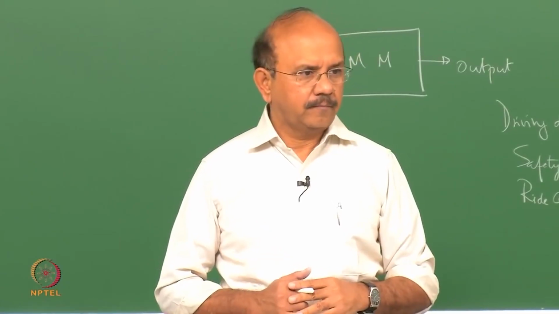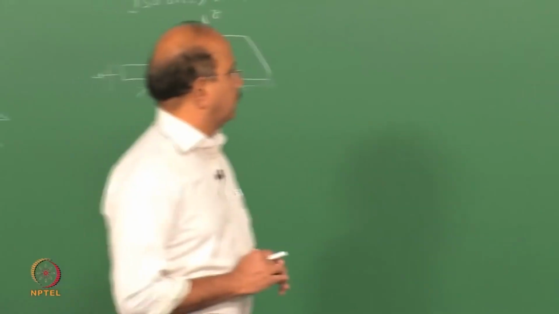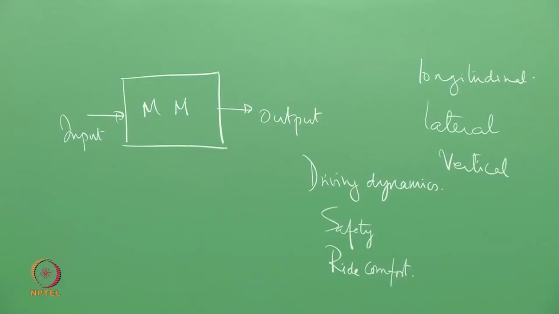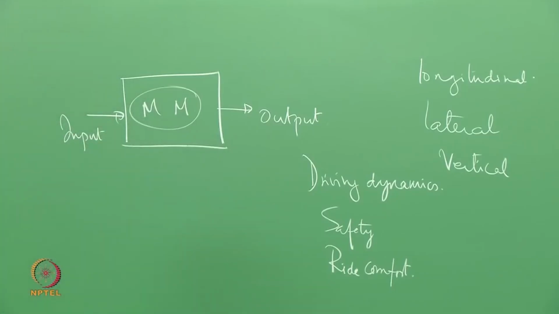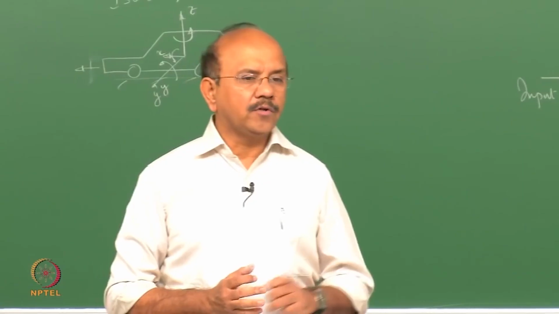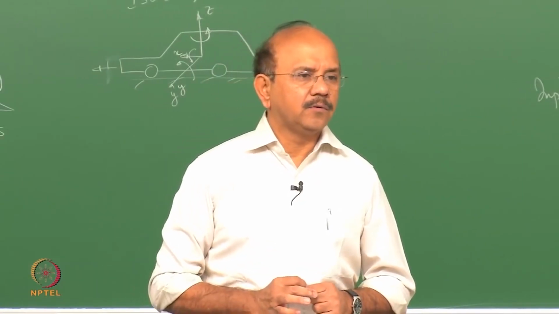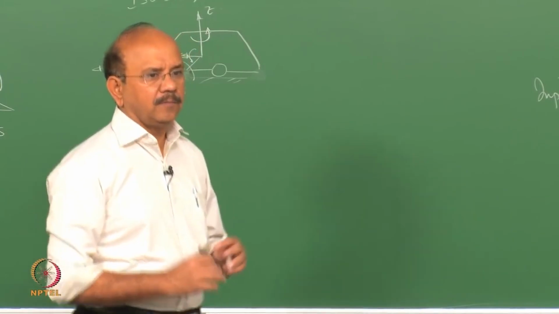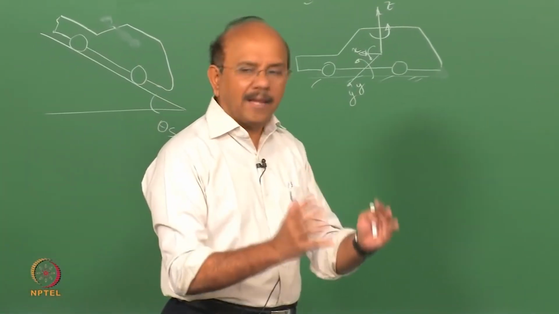both in the longitudinal as well as in the lateral dynamics. We will continue now with this short introduction, and we are now going to look at this mathematical model. We had a very simple model in the last class. We are now going to extend this simple model, not into a very complex model, but just making it more elaborate.